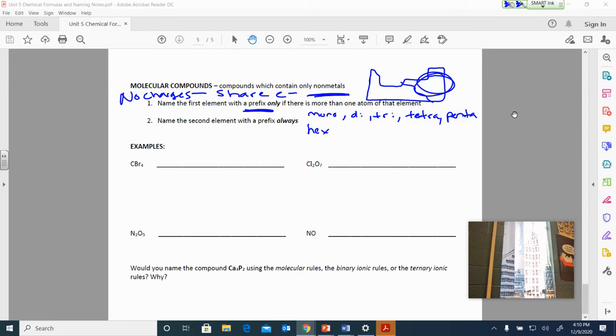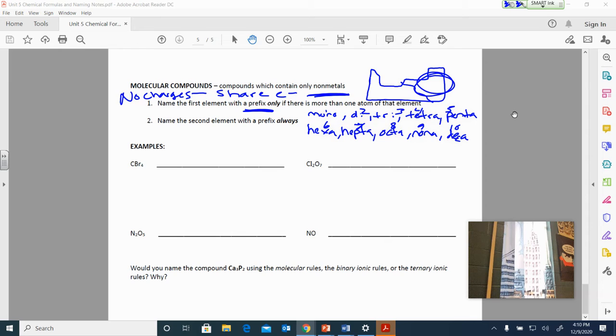Then we have hexa, hepta, octa, nona, and deca. Okay, so those are all the possible prefixes to use. It's never going to be more than 10. So that'd be 1, 2, 3, 4, 5, 6, 7, 8, 9, and 10.